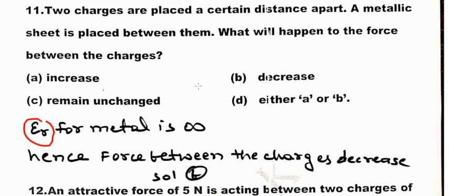Among the given choices, you can say the force decreases, because the given choices are increases, remains unchanged, decreases, either A or B. Certainly the force decreases between the two charges when a metal plate is introduced, because epsilon r, that is relative permittivity for a metal, is infinity.